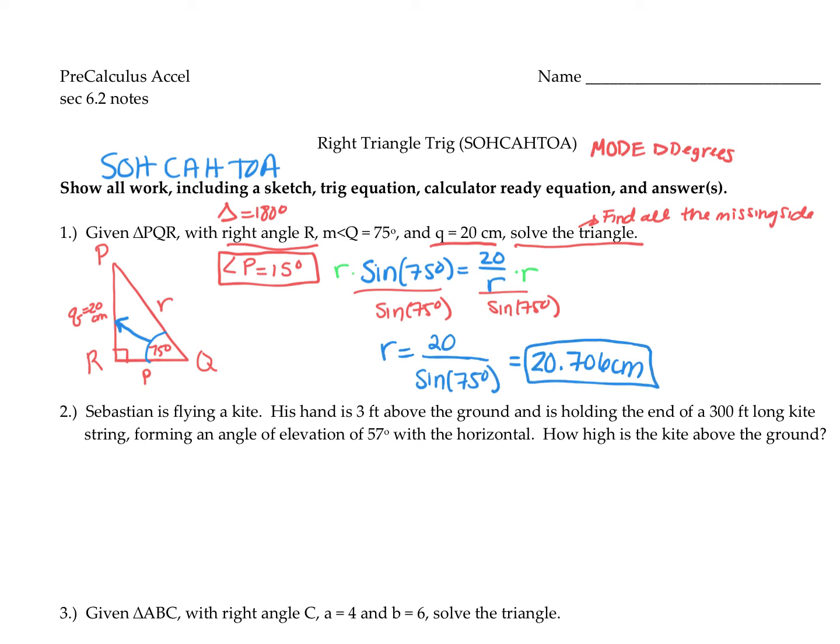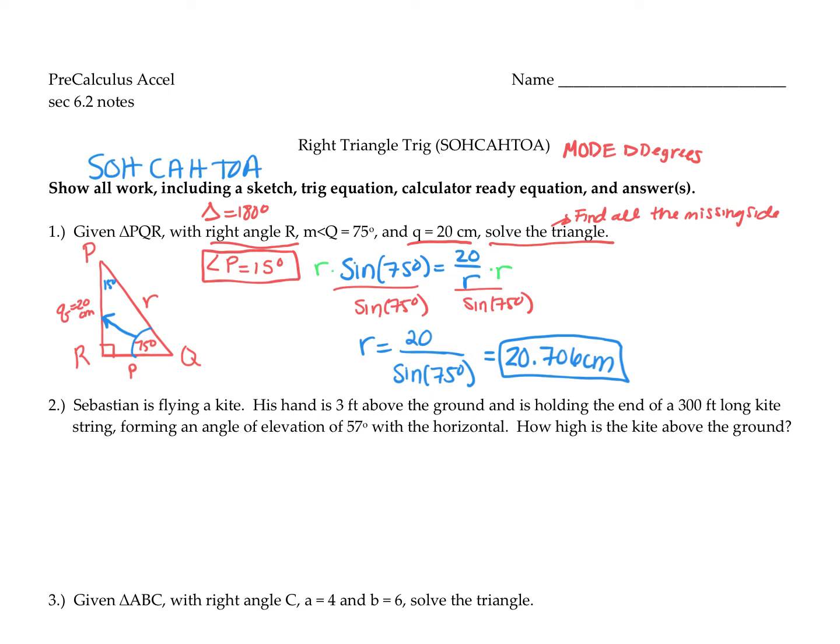Now I want to solve for P. I could use angle P because I know it's 15 degrees, but I'm still going to use angle Q. If I want to find side P using side Q and angle Q, I can do tangent of 75 degrees equals 20 over P, because that would be opposite over adjacent. To get my calculator-ready answer, I multiply both sides by P, and since I have P times tangent, I end up dividing by the tangent of 75 degrees.